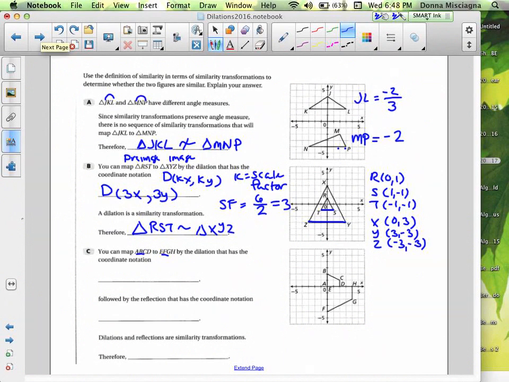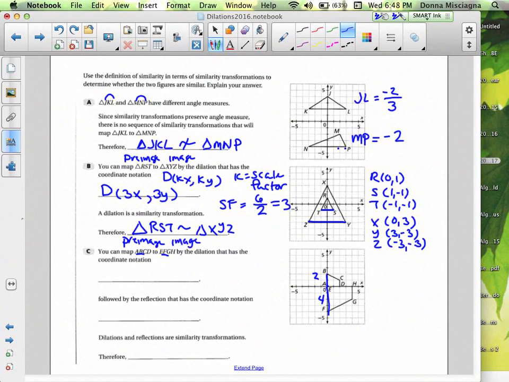Let's use AB, which is 2, and EF, which is 1, 2, 3, 4. So ABCD is going to be our pre-image, and EFGH is going to be the image.